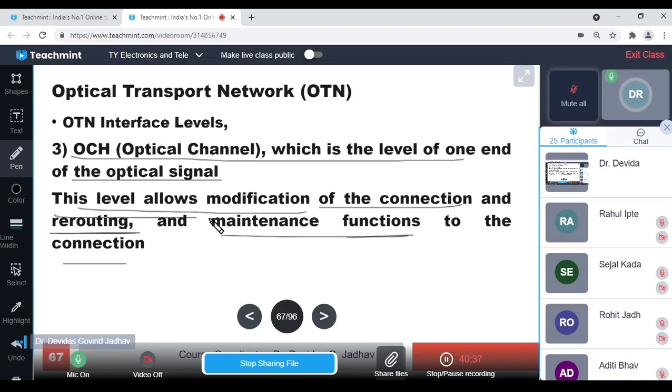If a connection modification is there, that is routing and rerouting. So a connection maintenance function is there. If any connection has an error or problem, it can be maintained.